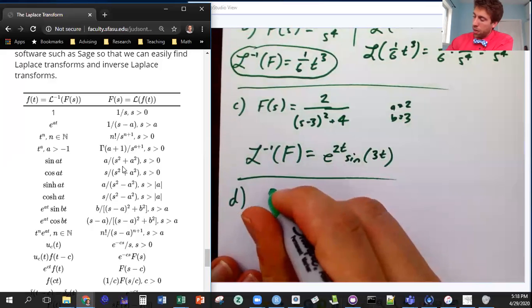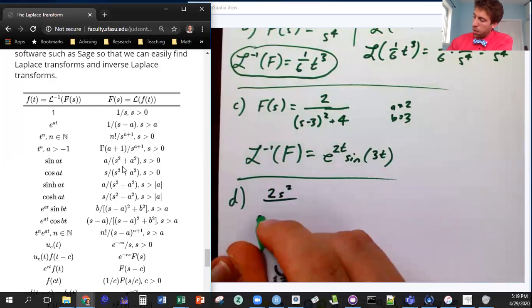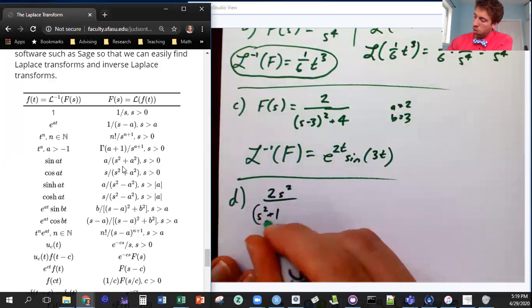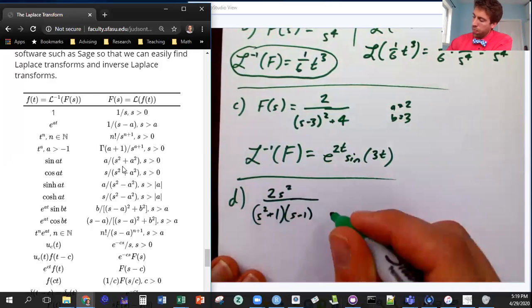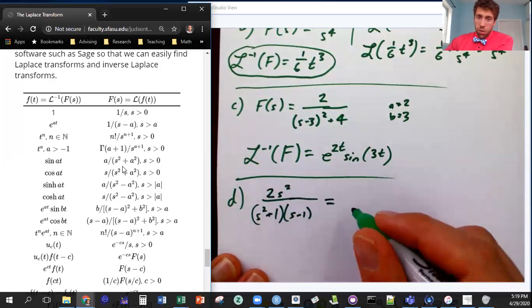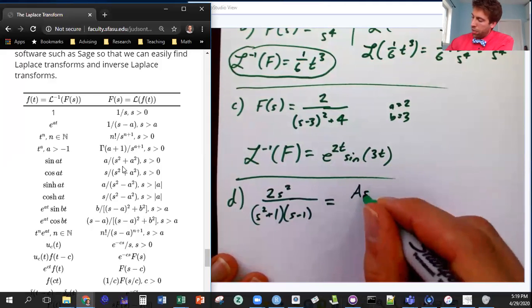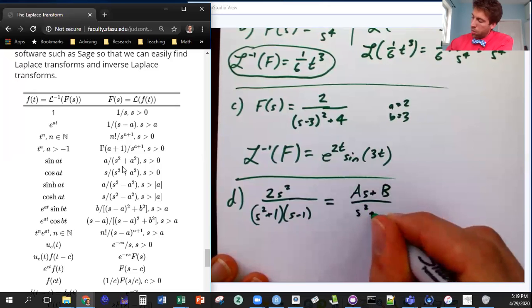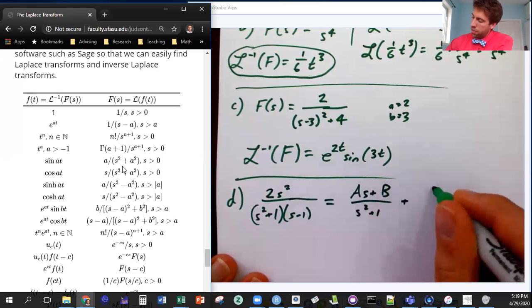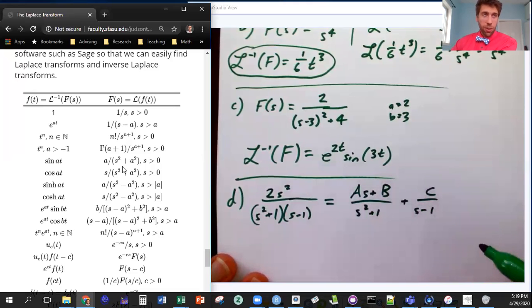All right, so 2s squared over s squared plus 1 times s minus 1 is equal to As plus B over s squared plus 1 plus C over s minus 1. Okay?